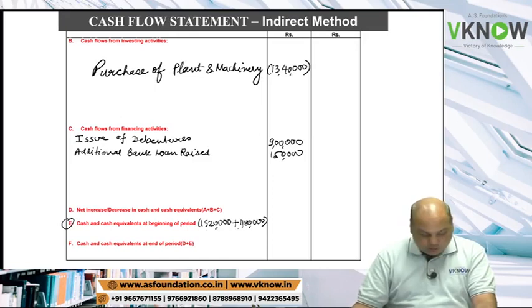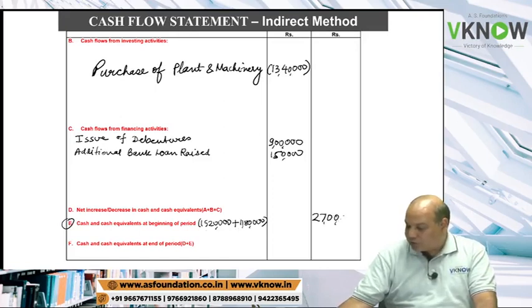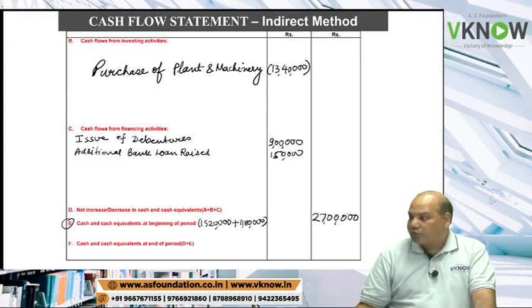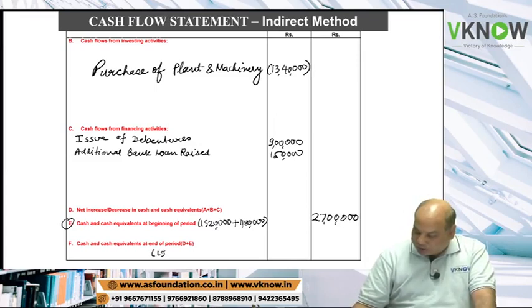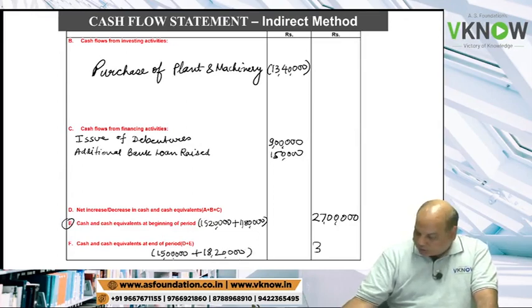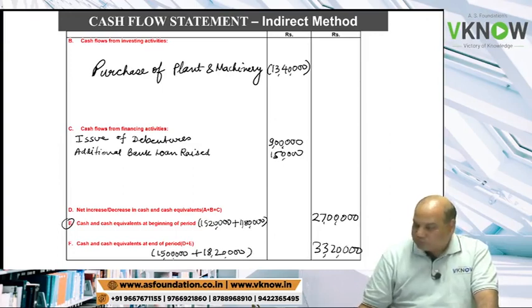So that is equal to 27 lakh in the outer column, and similarly cash and cash equivalent at the end, cash plus marketable security, that is equal to 33 lakh 20,000.